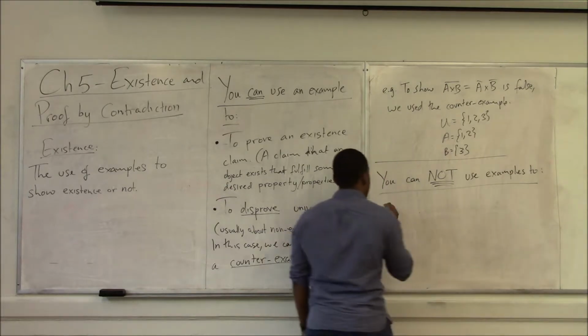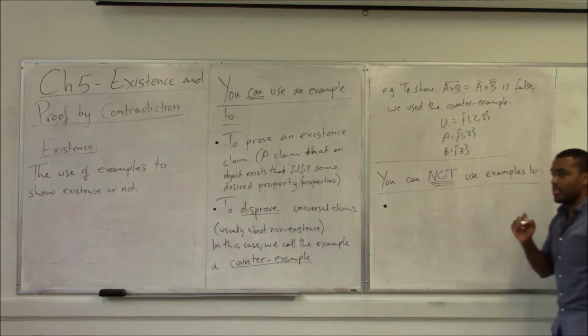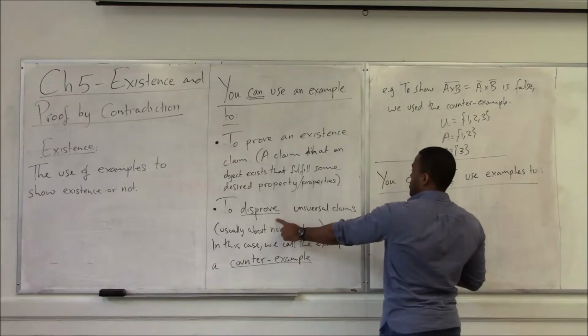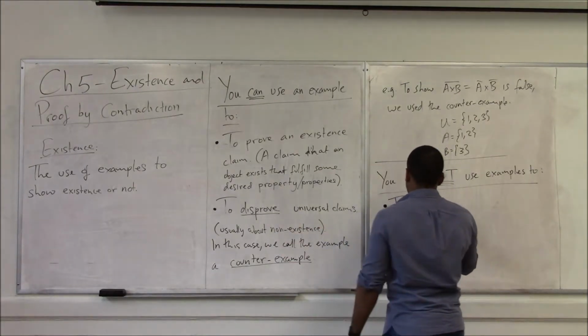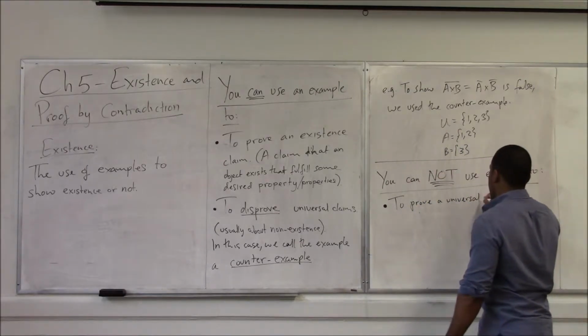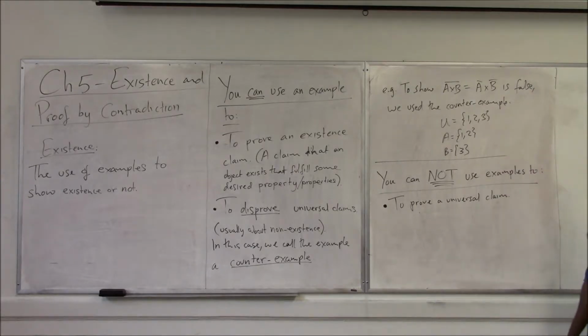Okay, when can you not use an example? It's pretty much going to be the converse of those. So we can use it to disprove a universal claim, but it turns out you cannot use it to prove a universal claim, unless there's like one element in the universe.